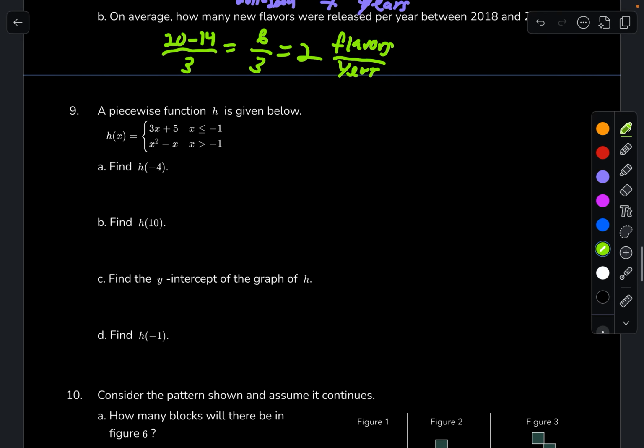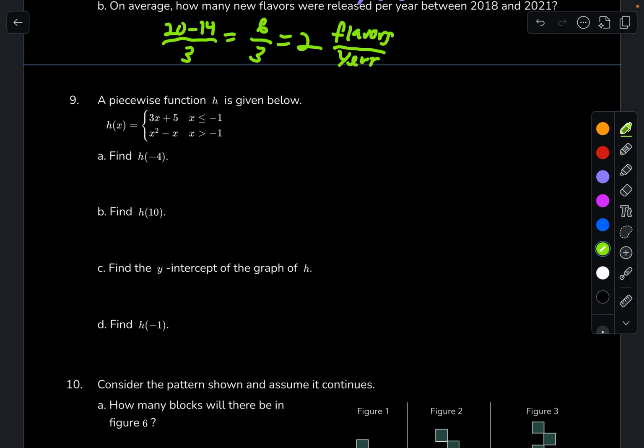All right, question 9. You're just supposed to evaluate this piecewise function for different values of x. And so they want you to evaluate at h of -4. So we use the inequalities here to decide which piece to use. -4 is less than -1.